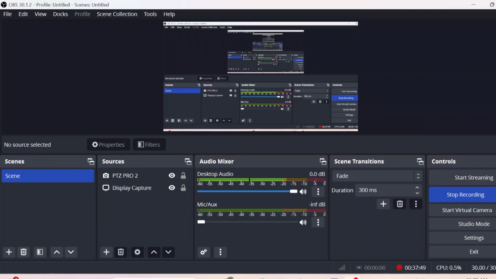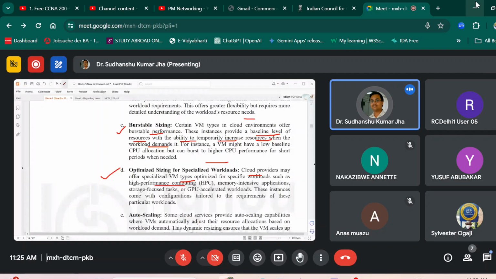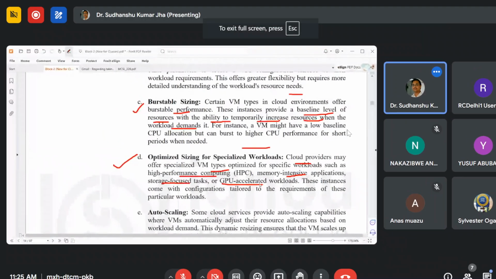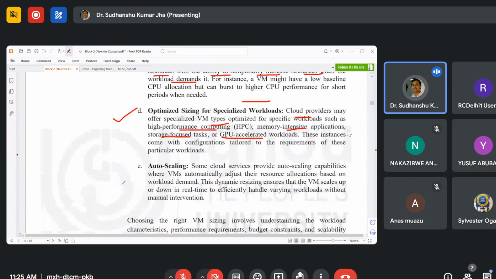massive application or the storage focused task or the GPU accelerated workloads, the cloud service providers may tell you that this much is the optimum number of resources, and this many resources may fulfill your task. So that is the optimization of the specialized and the auto scaling. Auto scaling means you start with some amount of resources, and during the runtime it is observed that you require some more resources.